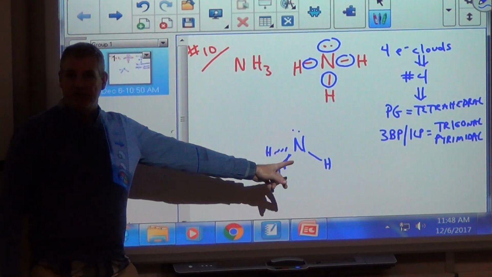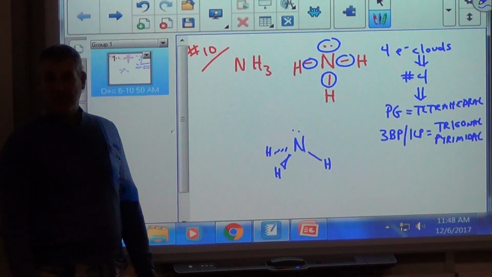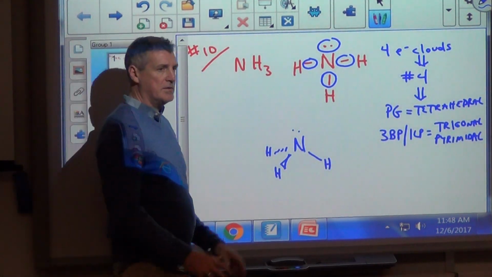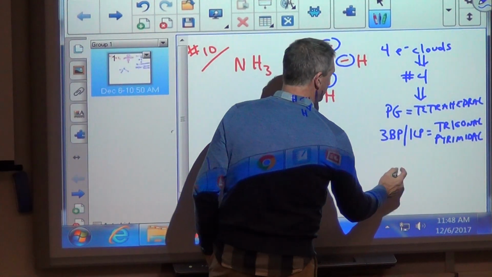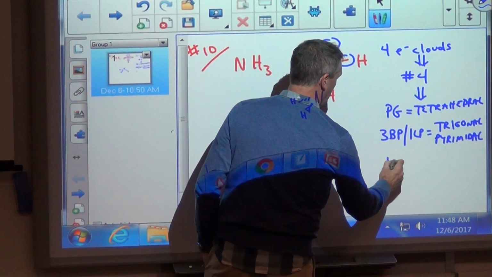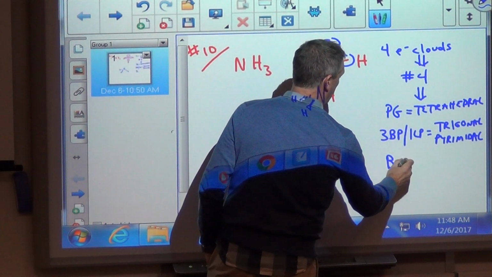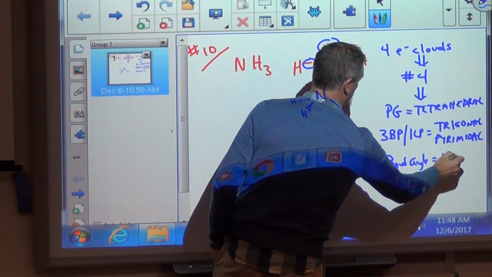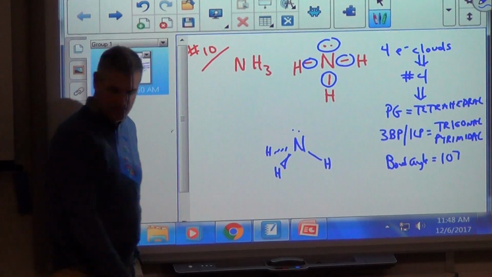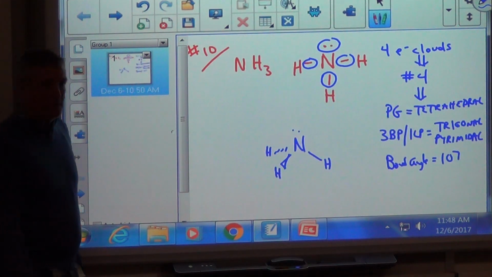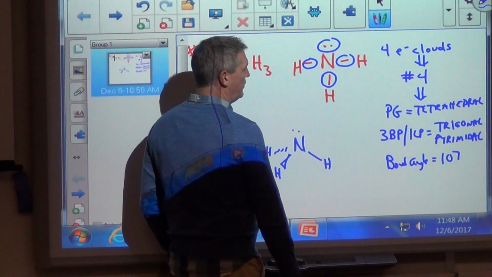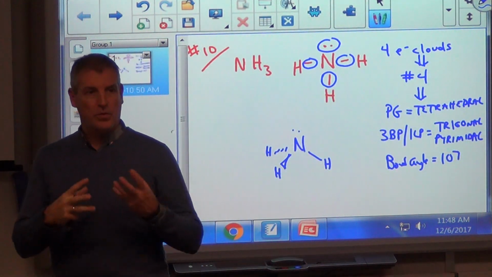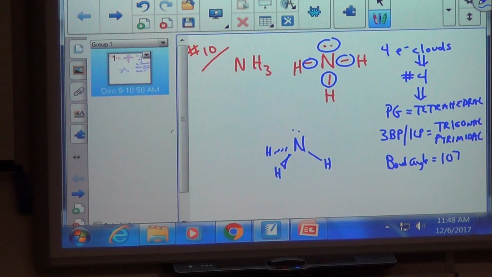Normally our tetrahedrals are 109.5, but because of the lone pair, it would be 109 minus 2 or 107. And the hybrid, steric number of 4 means we're going to have 4 orbitals combining.